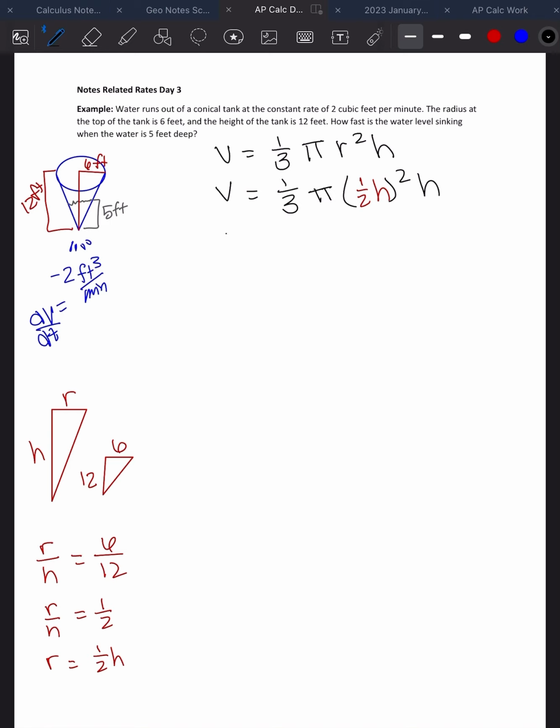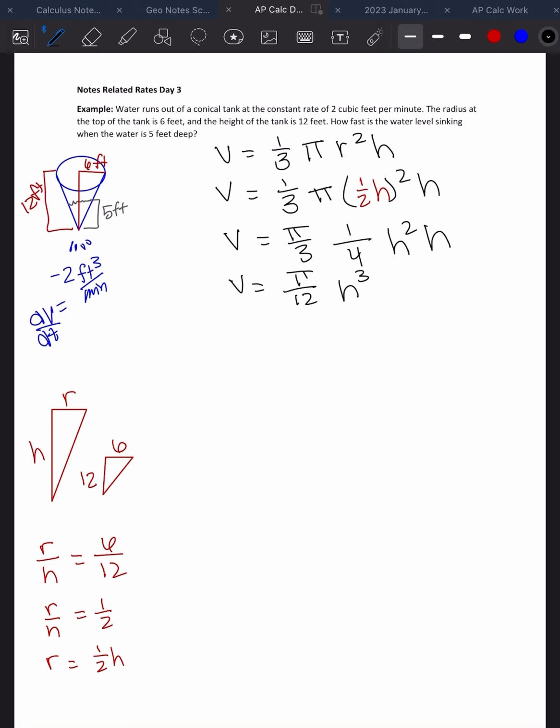I'm going to go ahead and simplify this. So our volume is equal to 1/3 times pi, which is just pi over 3. We still have this h over here. So h squared is just h squared, and we have 1/2 squared. Well, 1/2 times 1/2 is 1/4. So if I multiply these together, we get volume is equal to pi over 12 times h cubed.